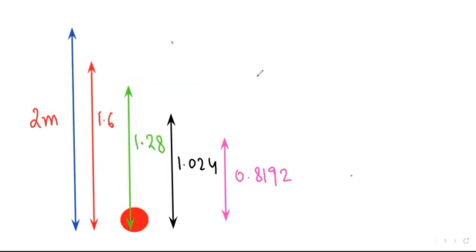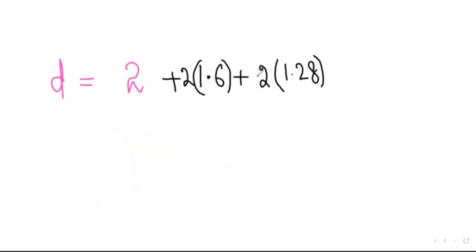Similarly, the ball will bounce back and travel 1.024, two times 1.024, and so on.